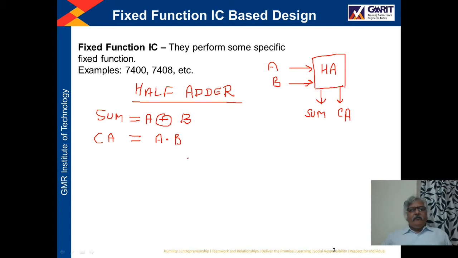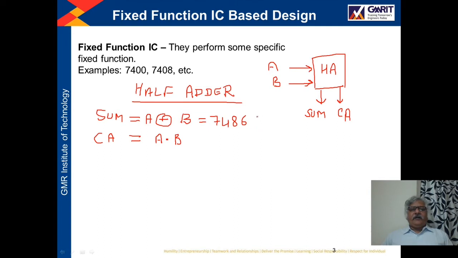Now he has the options to design this half adder circuit by using four different technologies, but he has selected that he will develop this product by using fixed function IC based technology. So the engineer will go to the market and purchase one IC 7486.